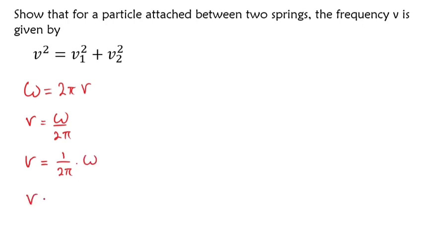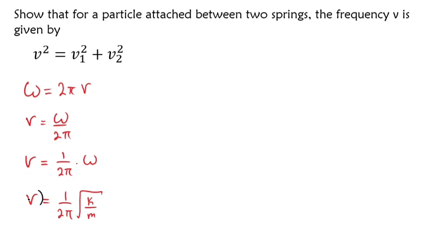So this means that frequency is equal to 1 over 2 pi, and our omega is simply the square root of k over m. For this equation, I'll make k the subject of the formula. We'll do that by simply squaring both sides.